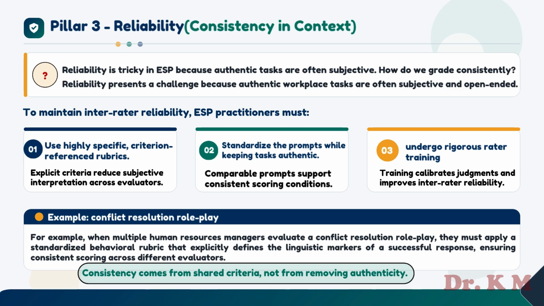Standardize the prompts while keeping the tasks authentic. Undergo rigorous rater training. For example, when multiple human resources managers evaluate a conflict resolution role-play, they must apply a standardized behavioral rubric that explicitly defines the linguistic markers of a successful response, ensuring consistent scoring across different evaluators.